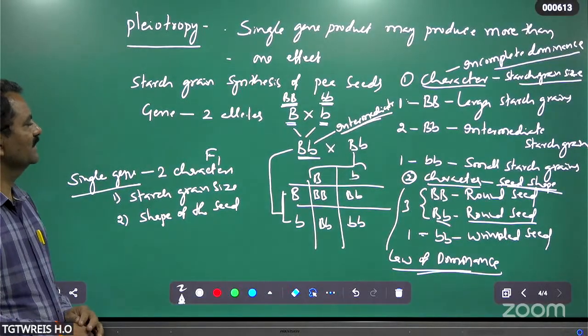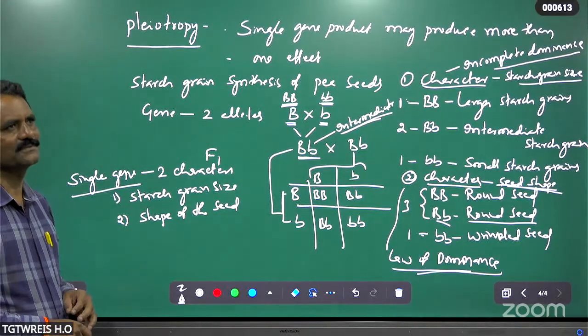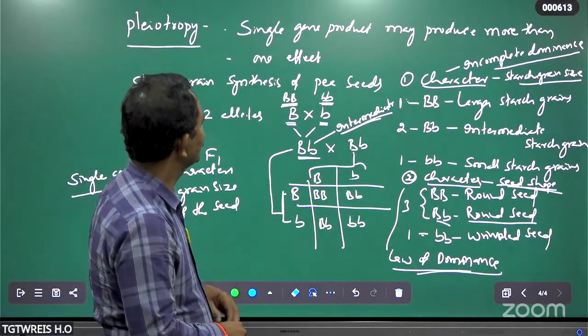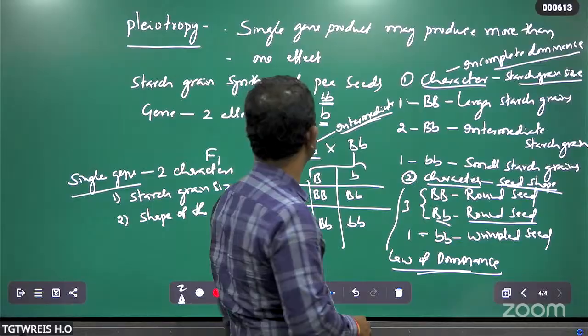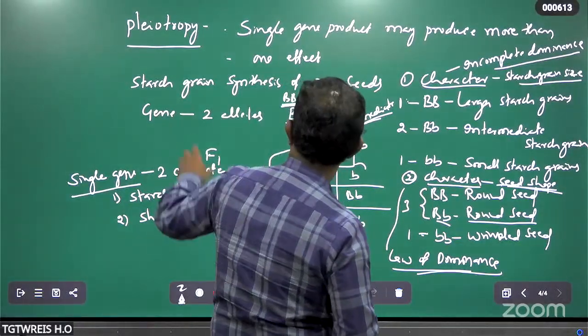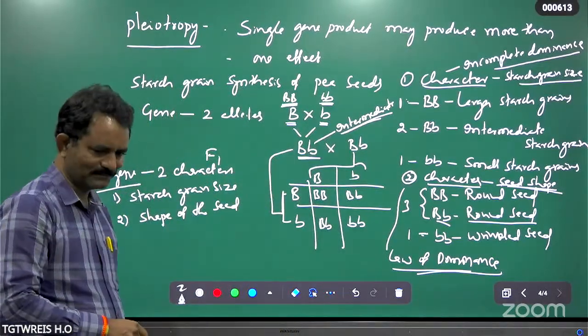What is pleiotropy? A single gene may affect more than one phenotype. A single gene product may produce more than one effect. It is pleiotropy, a very, very important concept.